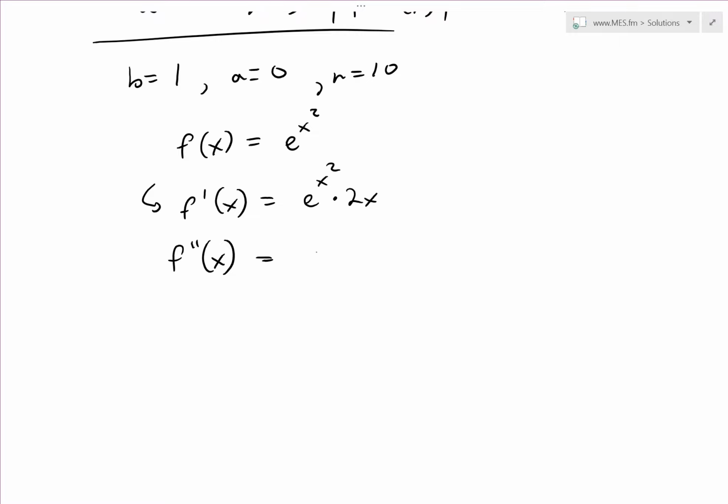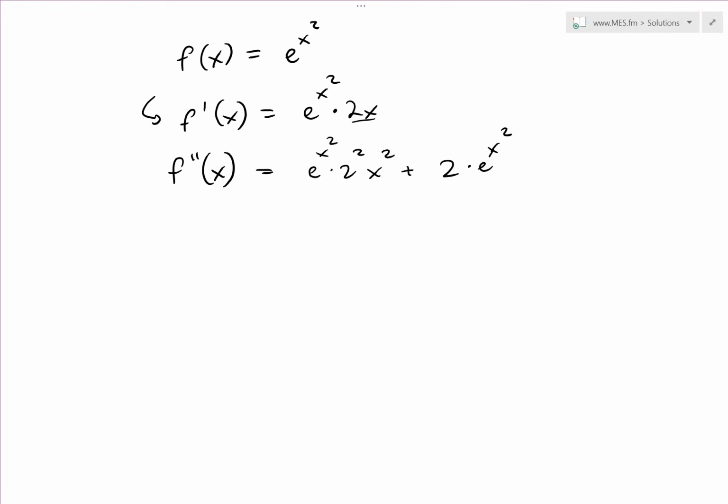So we get e to the x squared times 2x again, so 2 squared x squared, and then the product rule gives the derivative of 2x, which is just 2, times e to the x squared.